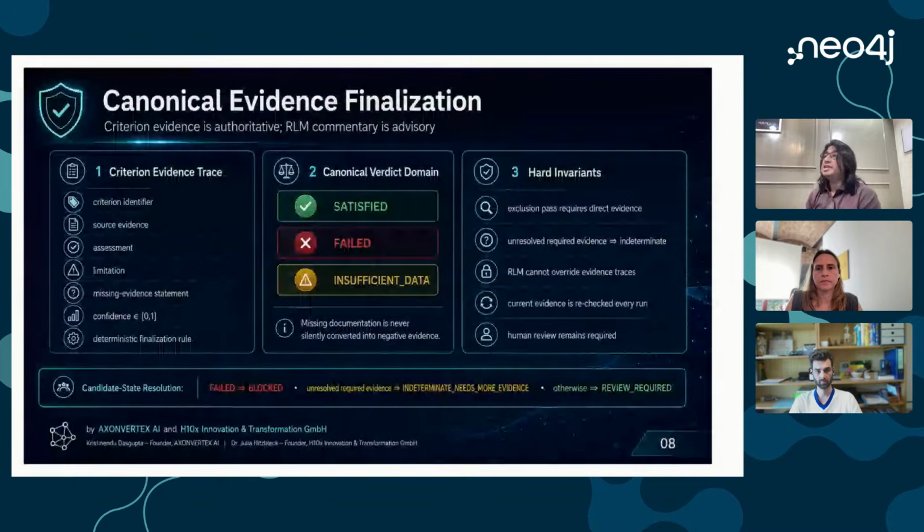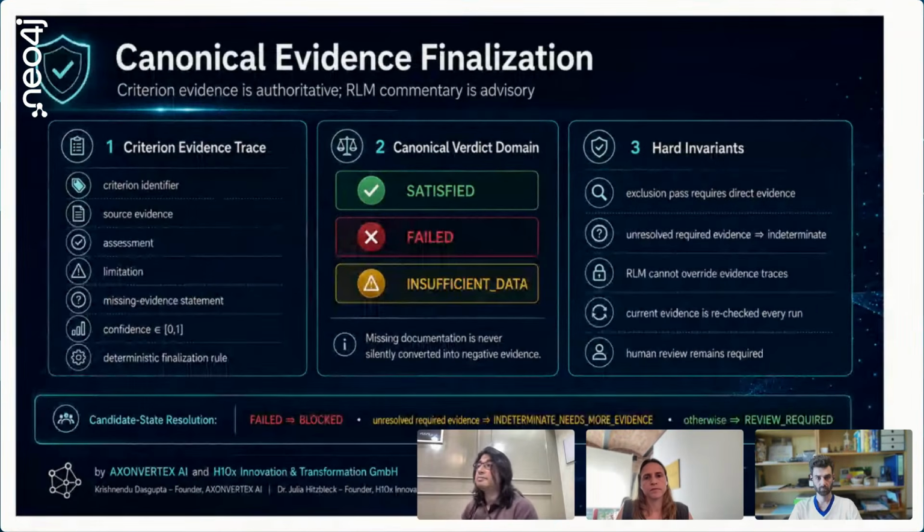The canonical evidence finalization is something that we look into. This is where I'm going to go to our demo, where we look into something on the clinical side. For example, when we have a clinical trial, there are inclusion and exclusion criteria.